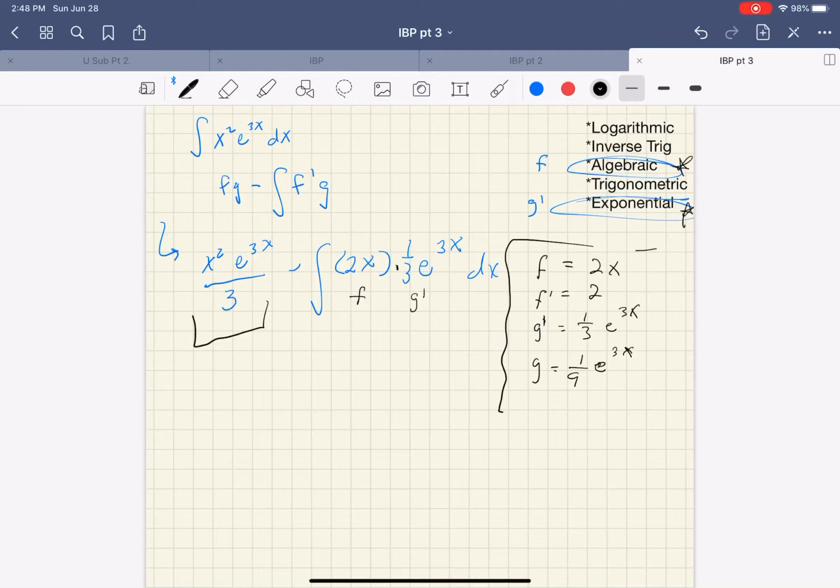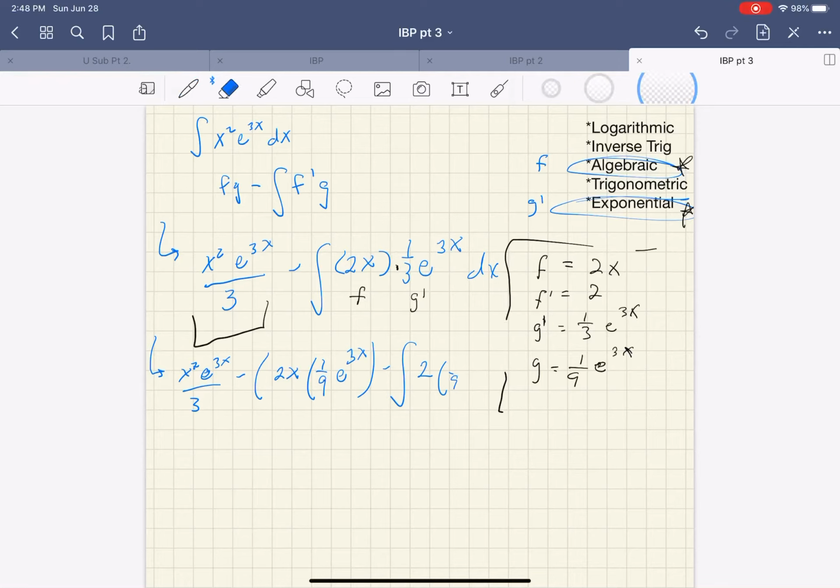And now, like I said, always bring everything down. So, x squared e to the 3x over 3 minus the integral, or minus fg, which will be 2x, and then g will be 1/9 e to the 3x, minus the integral of f prime, which is 2, and then g, which is just 1/9 e to the 3x.